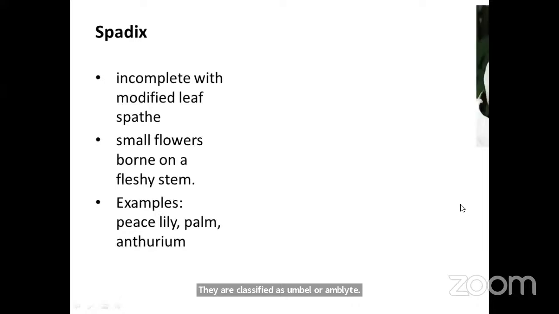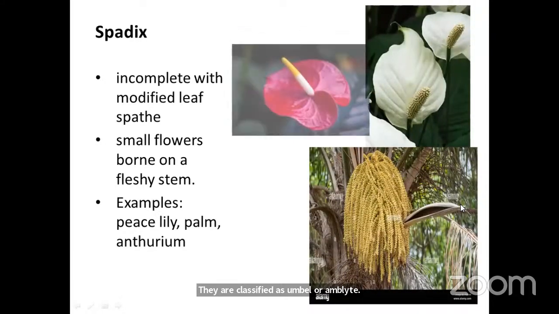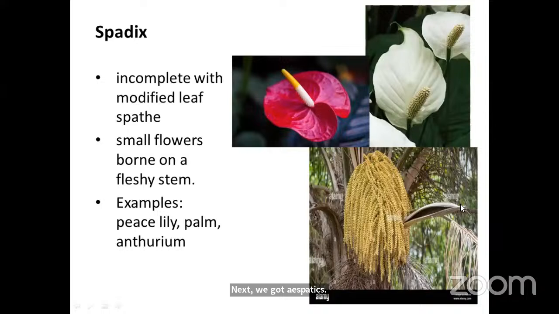Next, we have spadix or spathe. A spadix inflorescence contains what we call a modified leaf, the spathe. For example, in this anthurium flower, the red colored part is not the real flower because it is actually a bract, but it also helps in pollination because it can attract pollinators.